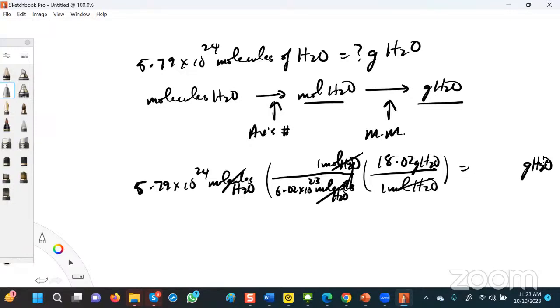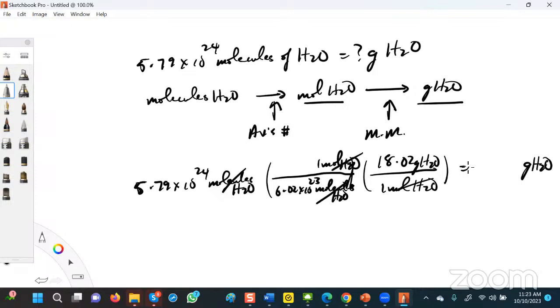So let me do that here. 5.79 divided by 6.02 times 10 to the 23. And then I multiply that by 18.02. And according to my calculations, rounded off to, make sure I'm doing this right. Something doesn't look right here. 5.79 times 10 to the 24.